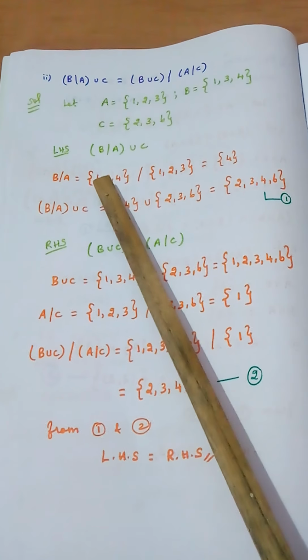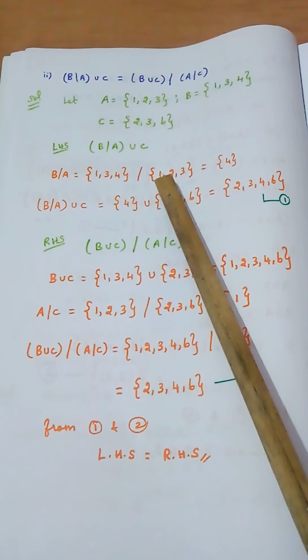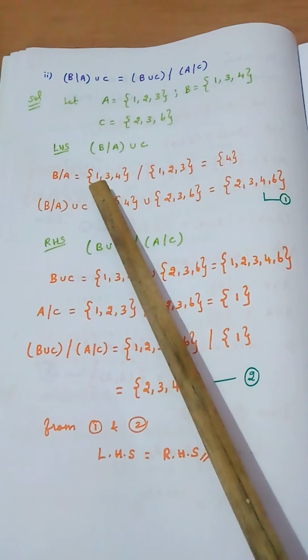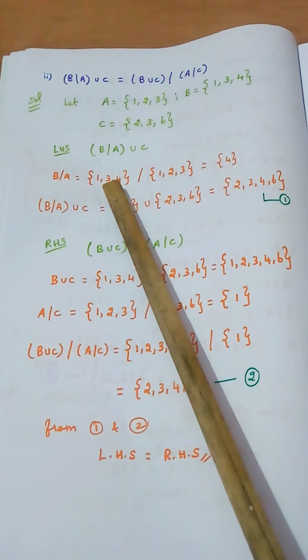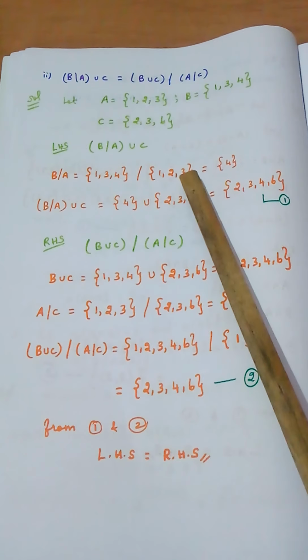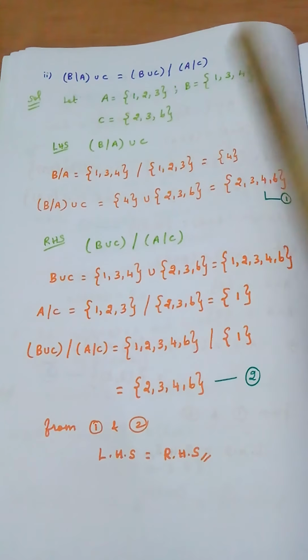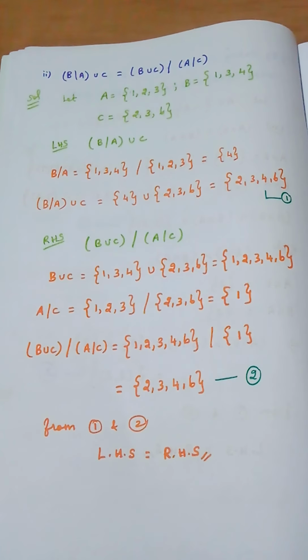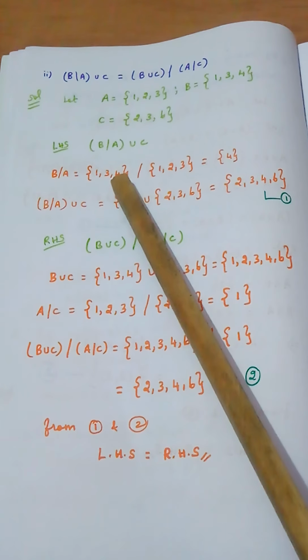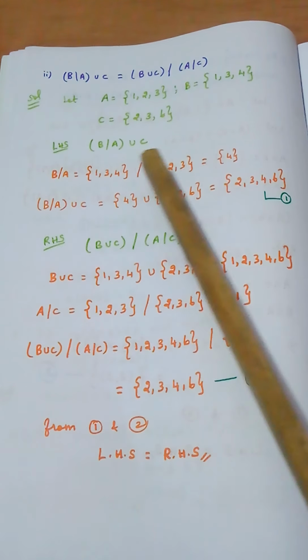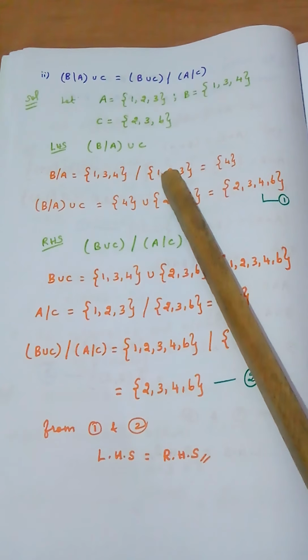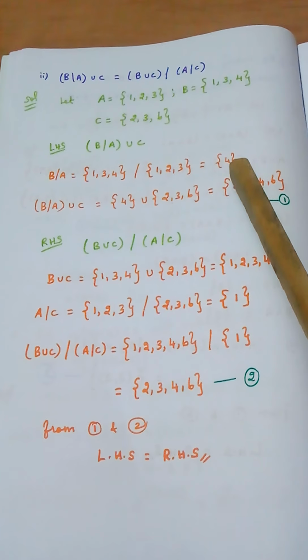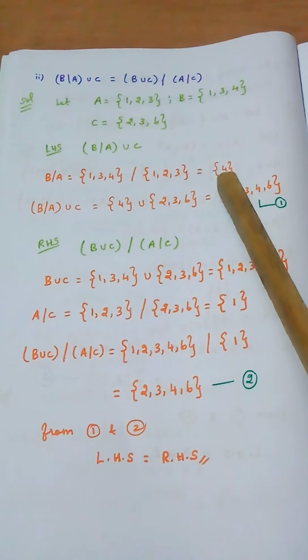Now 1 is present in B, it is not absent in A, so I cannot write 1. 3 is present in B, 3 is also present in A, so I cannot write 3. Why? Because B difference A meaning is present in B, absent in A. Now 4 is present in B, and 4 is absent in A, so the only one I have to write is 4.